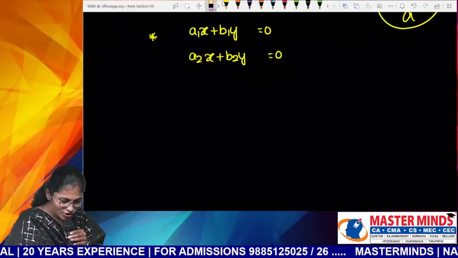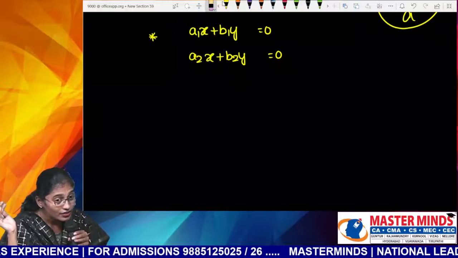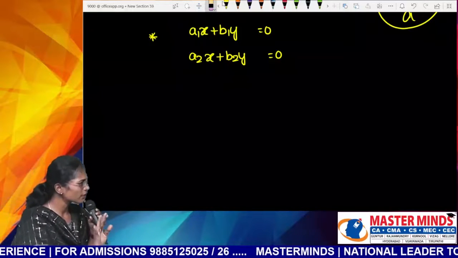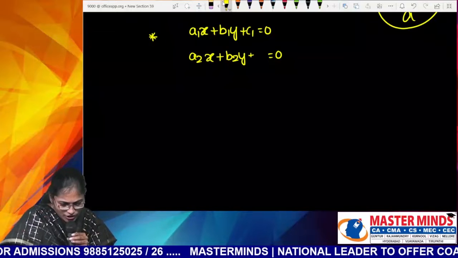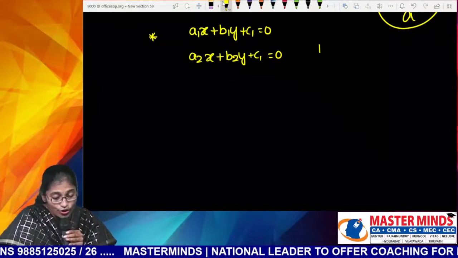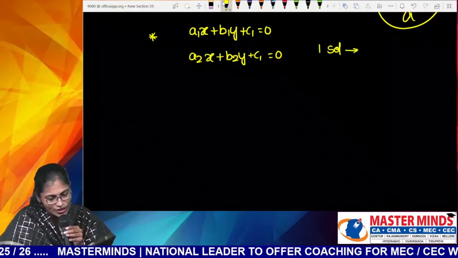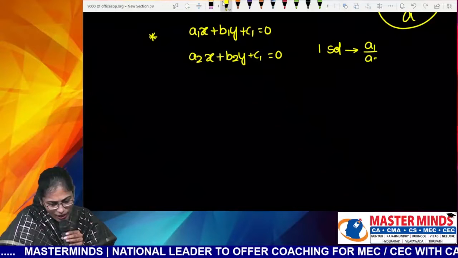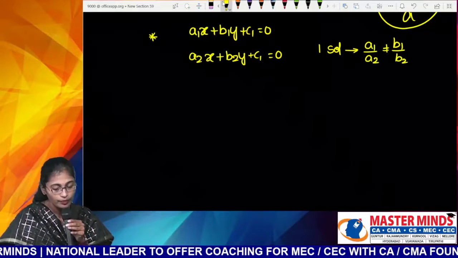Let me remove this constant. Now there is no constant with me, right? How do I call it? That is the only difference between homogeneous and non-homogeneous. This system has a unique solution. Unique means how many solutions? One solution whenever a1 by a2 not equals to b1 by b2.